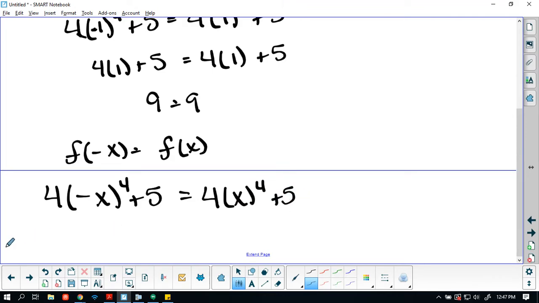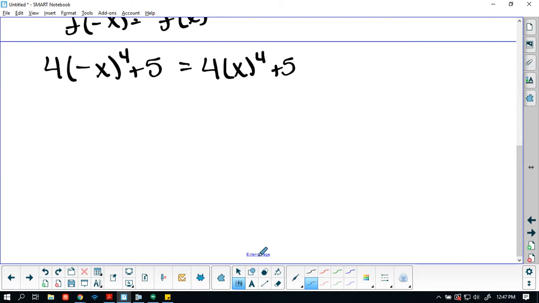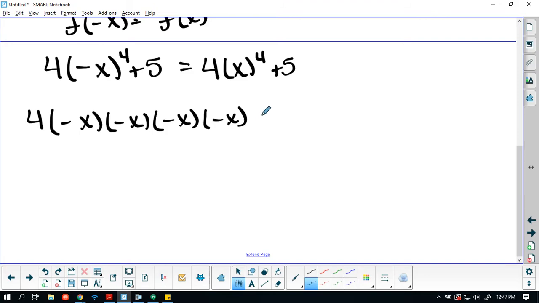Well, like I said before, if I multiply a negative, so this is what we're looking at: -x, -x, -x, -x plus 5. If I do a negative times a negative times a negative times a negative, we'll get 4x to the 4th because we'd get a positive.